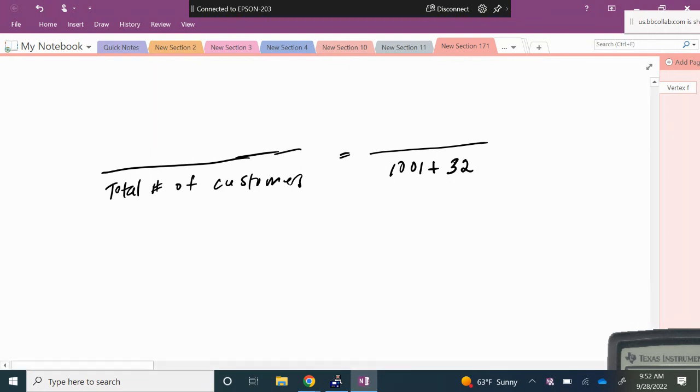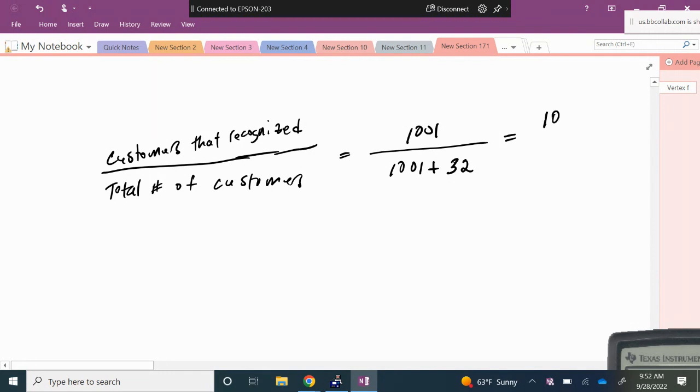In the numerator, I only want the customers that recognize McDonald's. So how many customers recognize McDonald's? Right. Well, from the question, it says 1,001 customers. So this gives us our probability.